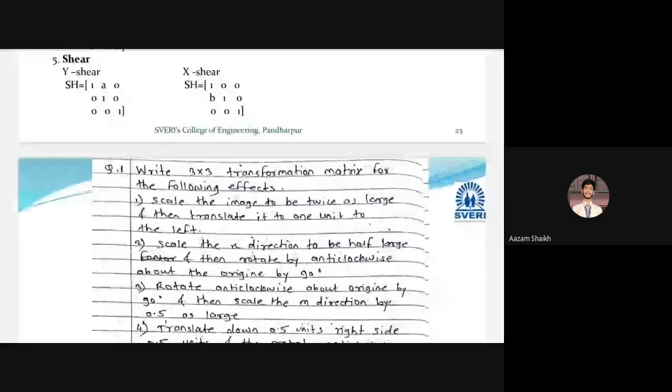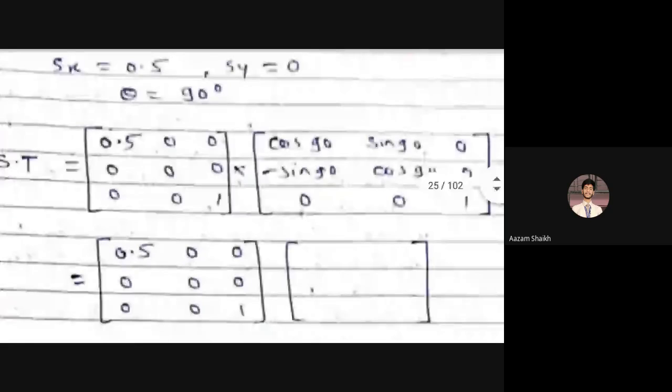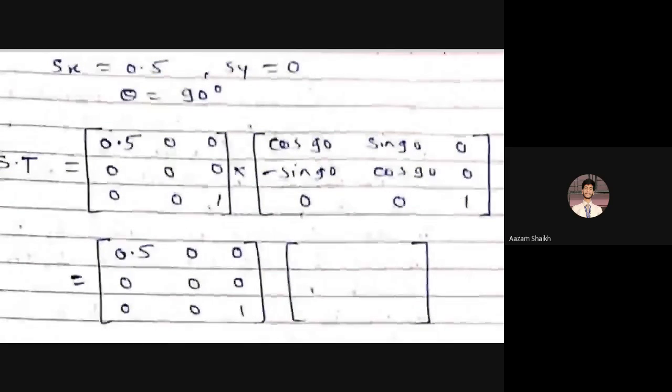So try to multiply these values. All of you take assignment for 5 minutes. I want this answer. So write down this matrix and calculate it and message the answer in the message box. 0.5 0 0, 0 0.5 0, 0 0 1 into cos 90, sin 90, 0, minus sin 90, cos 90, 0, 0 0 1.